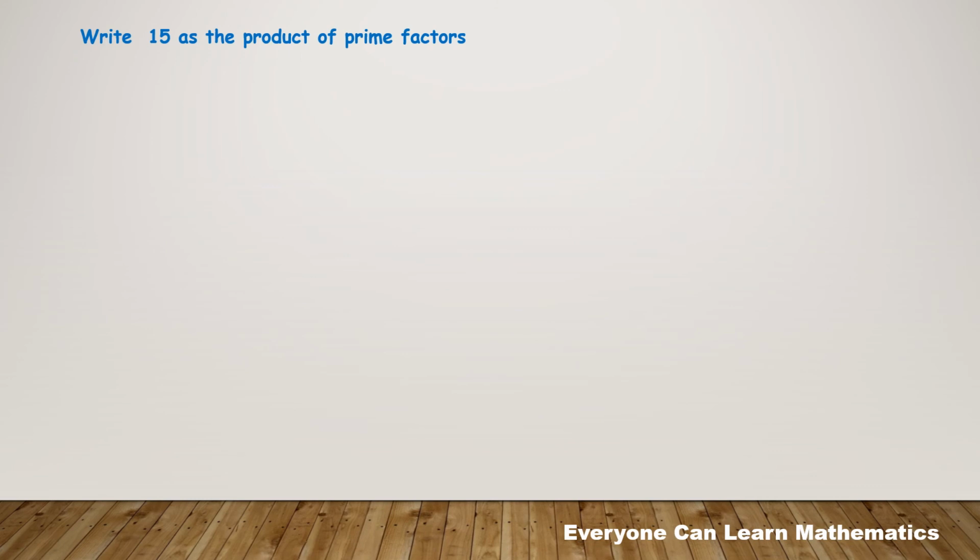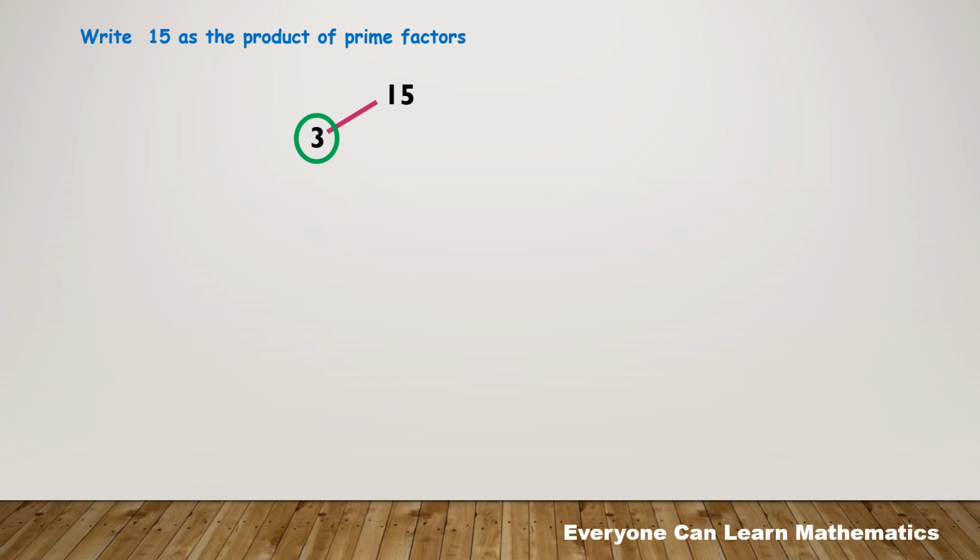So in this example, we need to write 15 as the product of prime factors. So we will split the number into two factors that multiply to make the starting number. One of the two factors needs to be a prime number. Since 15 is an odd number, we know it will not be divisible by 2. So we will start from the next smallest possible prime number, that is 3.